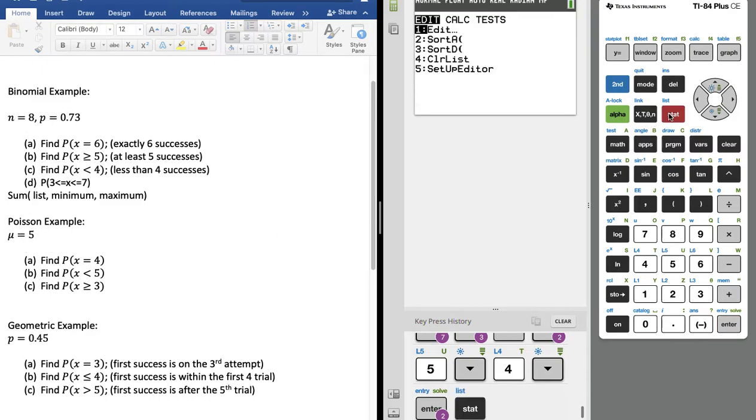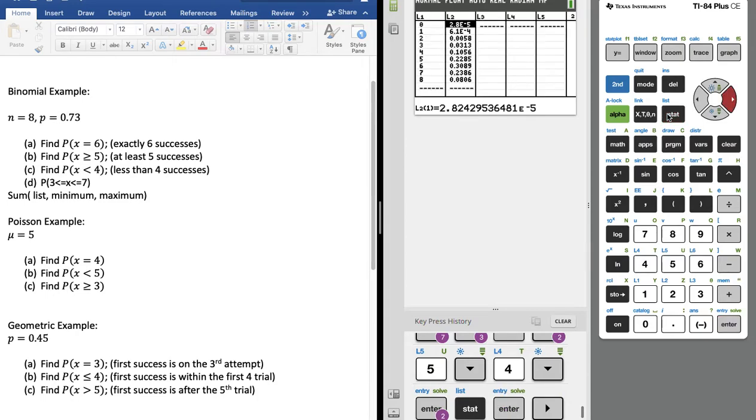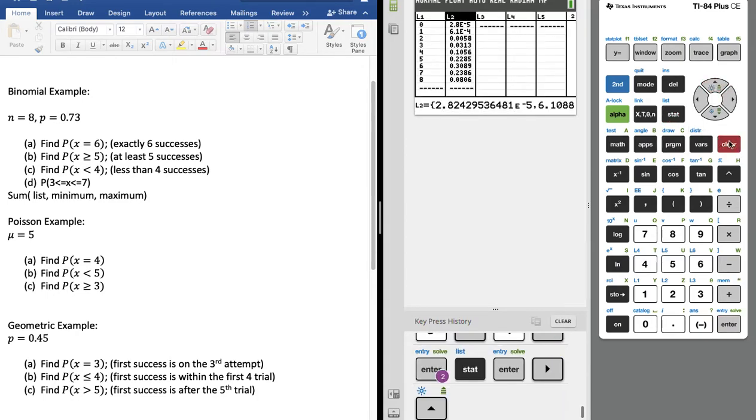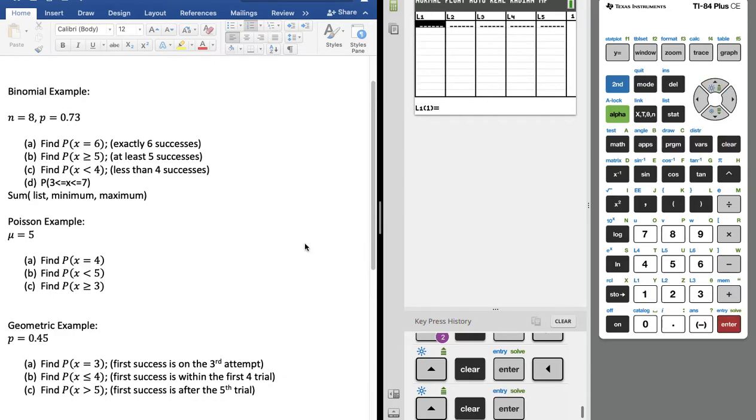So the way we're going to do this is we're going to go to Stat, Edit, clear all of these other lists that we have. Okay. So for the Poisson, if my probability is less than 5, it could be either 0, 1, 2, 3, or 4. Okay, so these are the possible x values, less than 5.